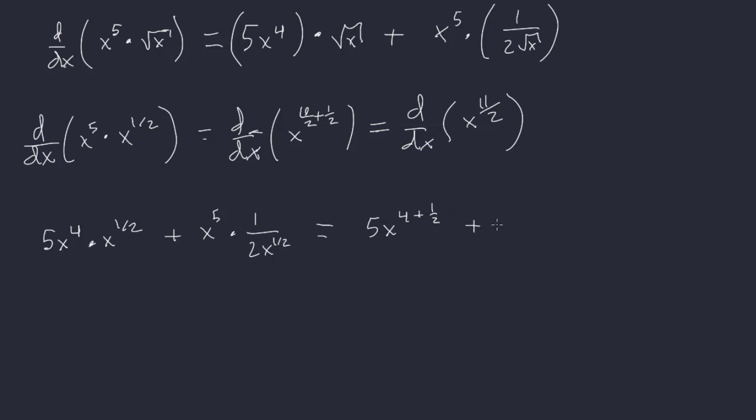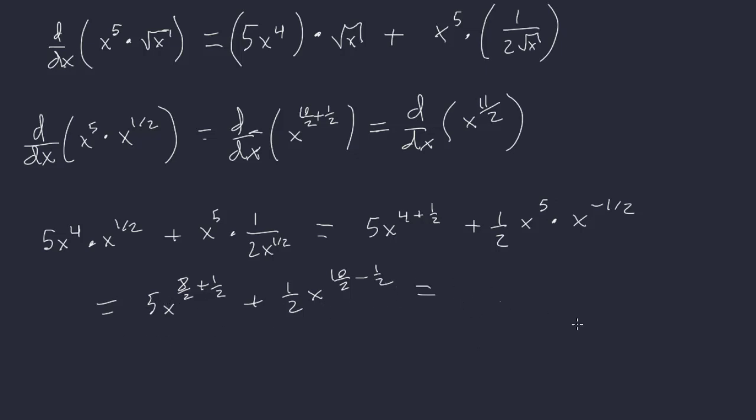Then plus, I'm going to move the 1/2 outside. Let me actually write this out explicitly here. It'll be x to the negative 1/2. So remember, whenever you have an extra power in the denominator, you can bring it up as a negative exponent. So this will be 5x to the 8/2 plus 1/2. Then plus 1/2 times x to the, if we want to put this in halves, that's 10/2 minus 1/2.